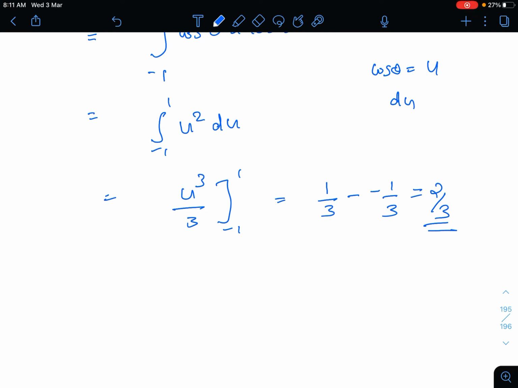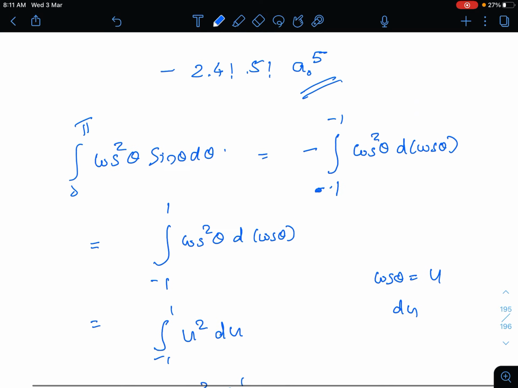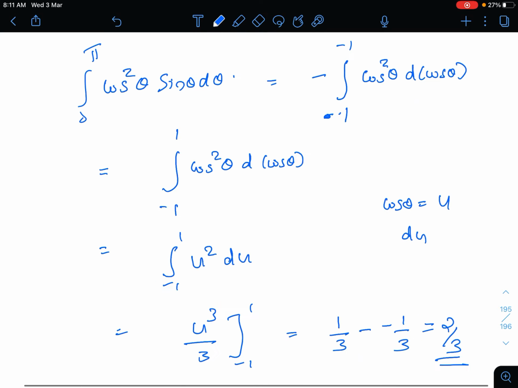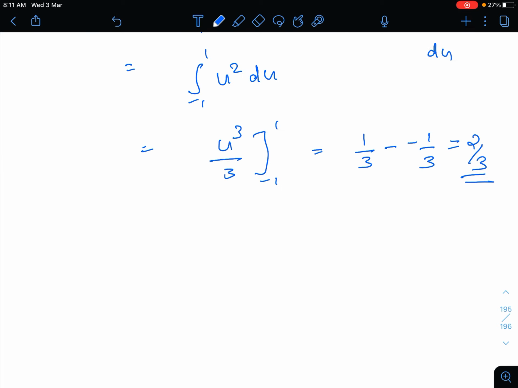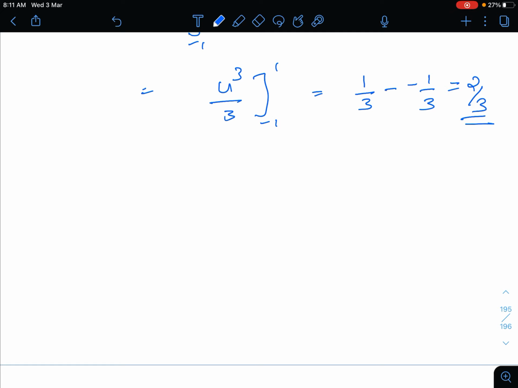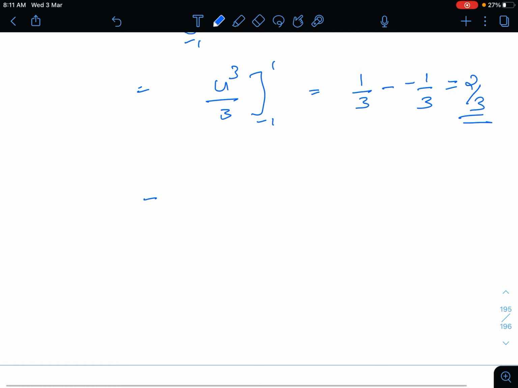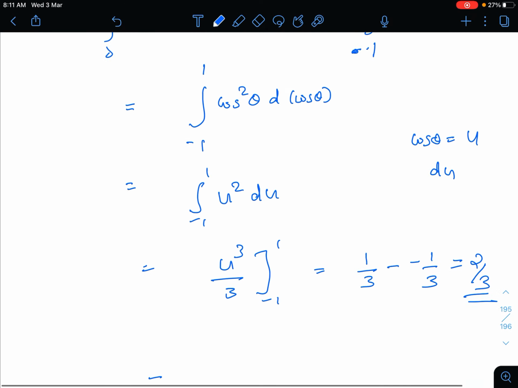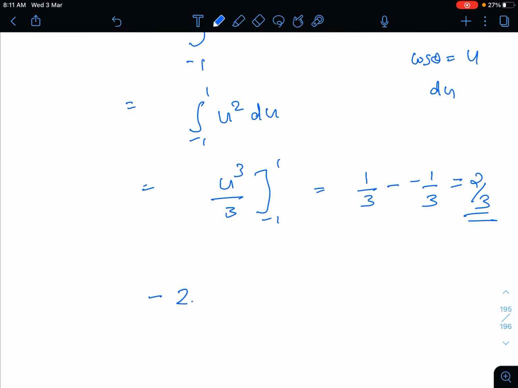Good, 2 by 3. So if I put all the terms here, it becomes 2 into 4 factorial into 5 factorial into a0 raised to 5 into 2 by 3 into the constants.